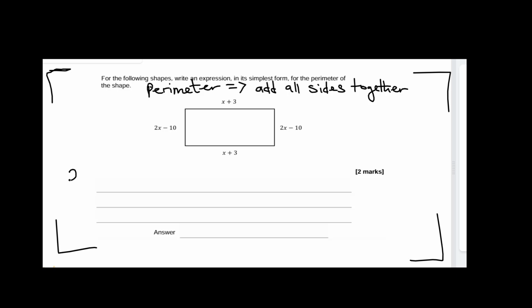So we'll do 2x minus 10 for this first side, and then add this one, which is positive x plus 3, and then the next one, which is positive 2x minus 10, and then this one, which is positive x plus 3. So we're adding all the sides together.